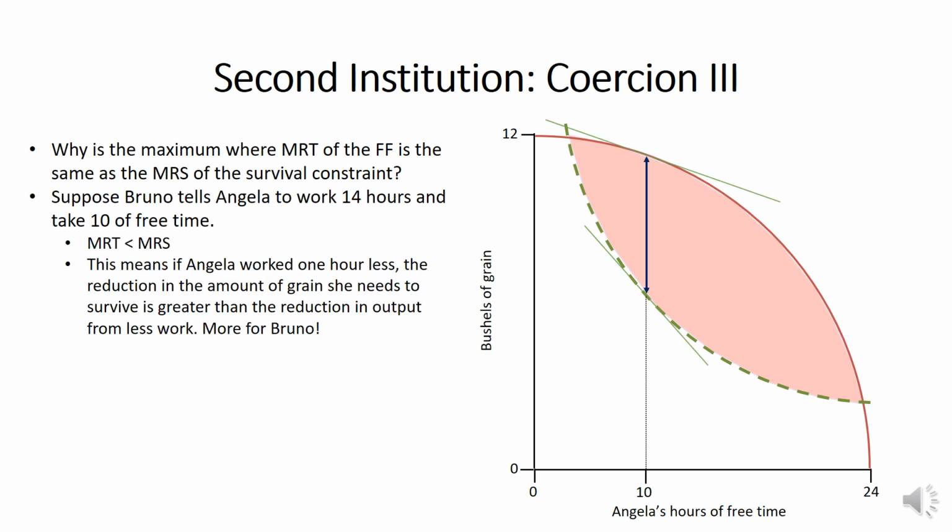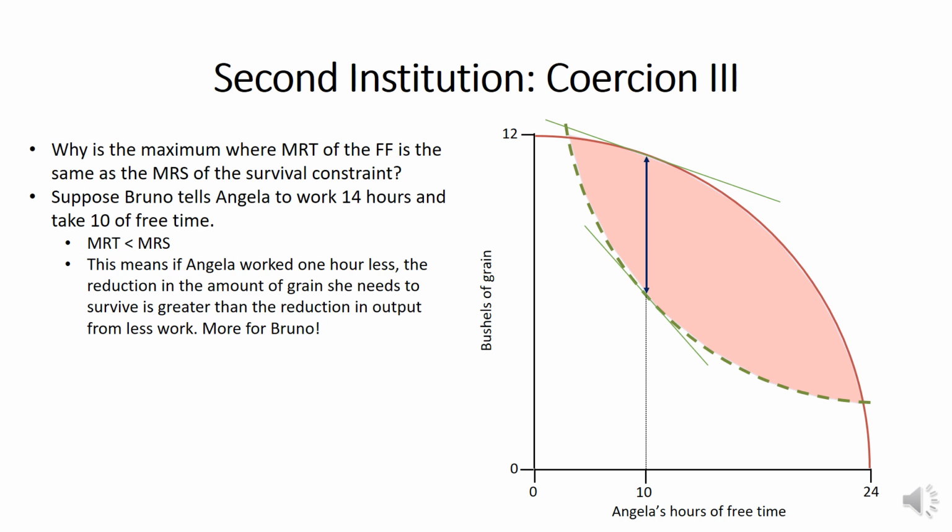So if we imagine that Angela is working for 14 hours and taking 10 hours of free time, we can sort of draw the slope of the feasible frontier and the slope of the survival constraint in green here. And we'll see that the MRT at 10 hours is less than the MRS.